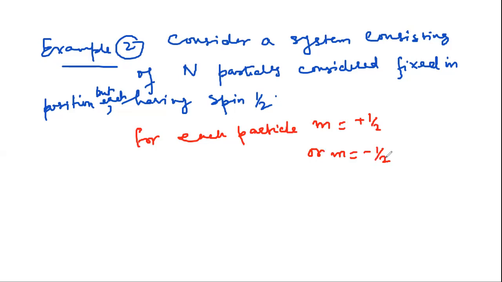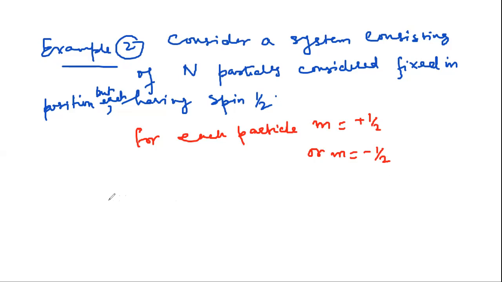But when we talk of the state of the entire system, which is comprised of n such particles, then the state of the entire system will be specified by the values of the corresponding magnetic quantum numbers. We sometimes call this m the magnetic quantum number.